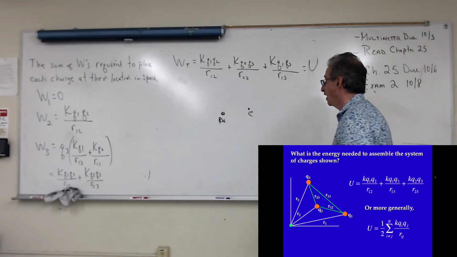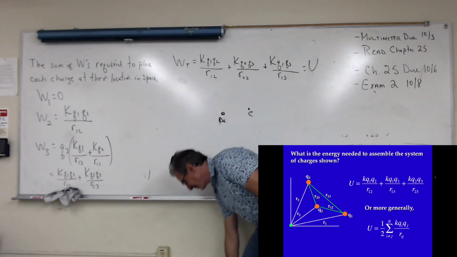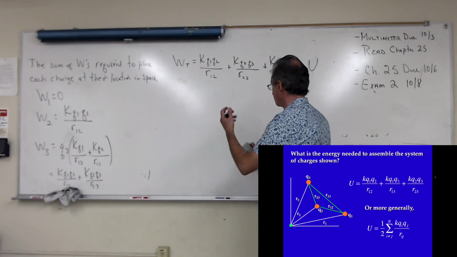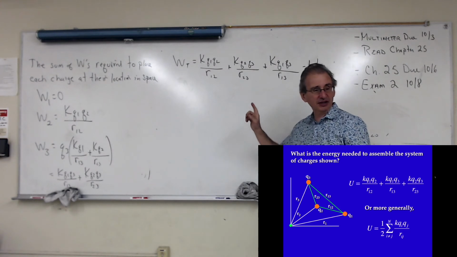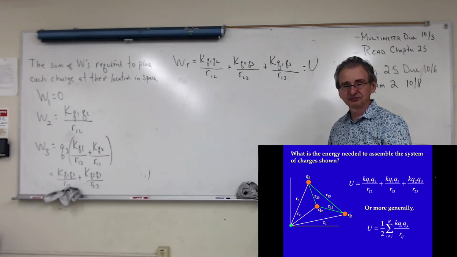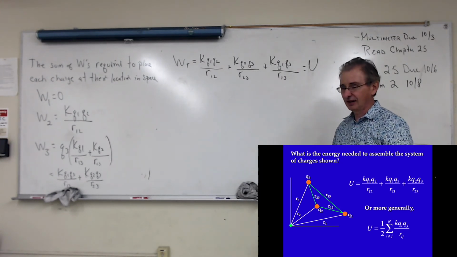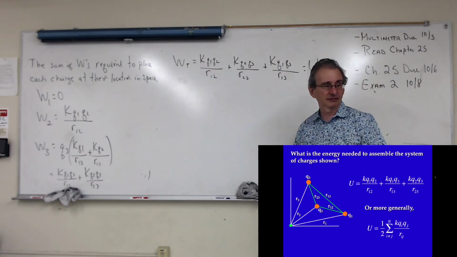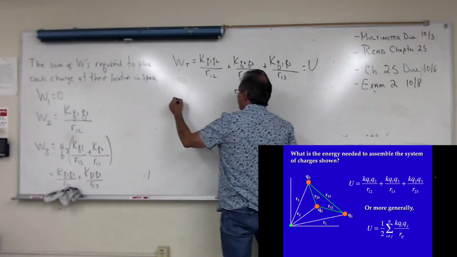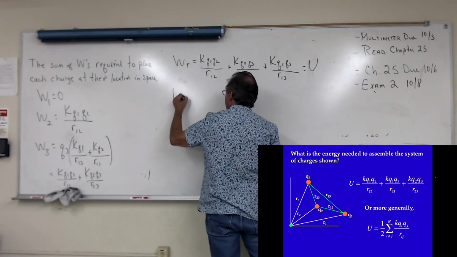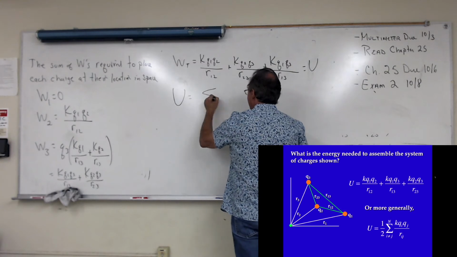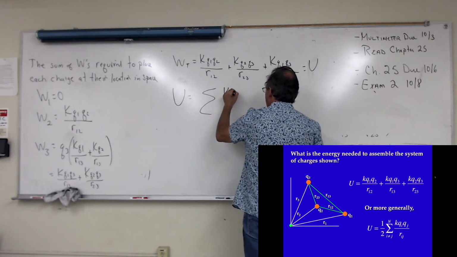If we have a large number of charges, this is 3. I think if we had 4 charges, there would be 3 more terms, I forget. But if we had a lot of charges, and we want to find the energy that's stored in the system, you would write it like this.